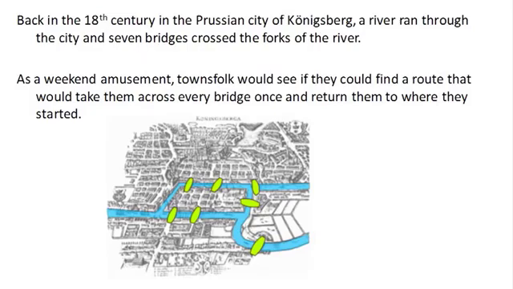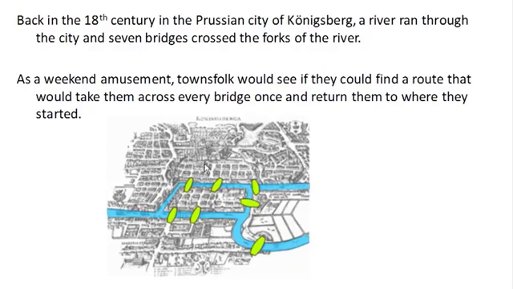So now that we've talked about Euler circuits, let's return to this bridges problem, because if you'll notice, the idea was the townsfolk would see if they could find a route that would take them across every bridge once and return them to where they started.